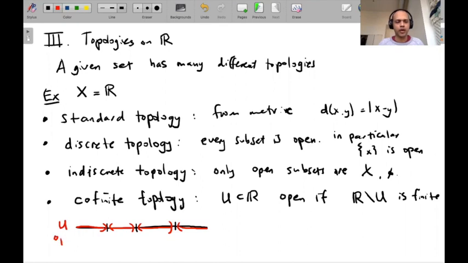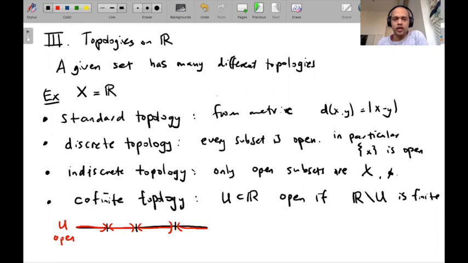So this is how an open set looks in this topology. Notice that this is different from all of these other topologies.